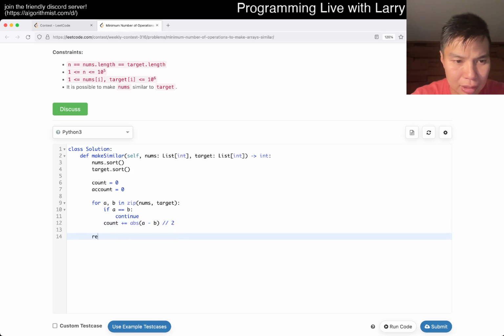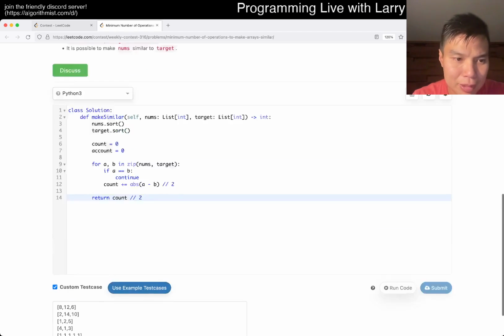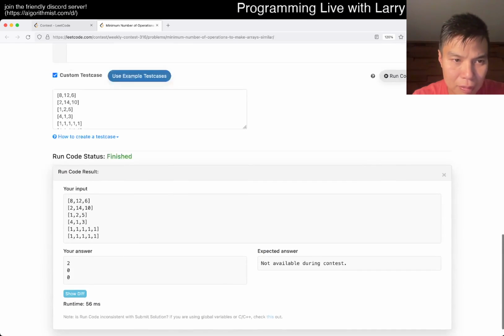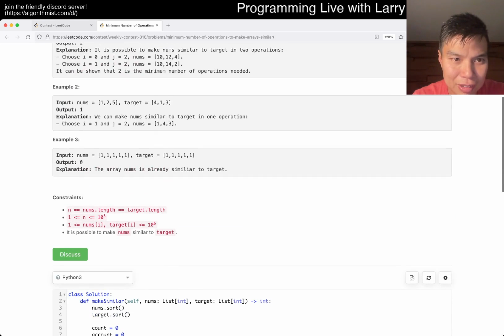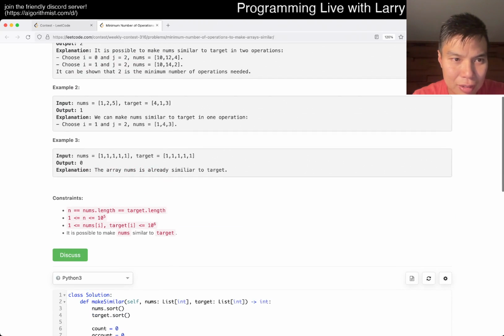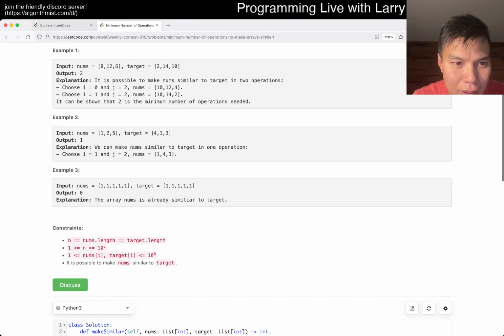And then just count over 2. How is this not right? 2 1 0. No, where does the 1 go? 1 and 2, 3 and 5, right? So the 2.